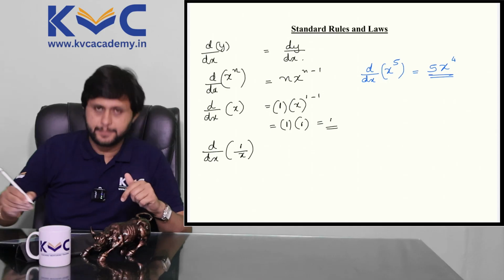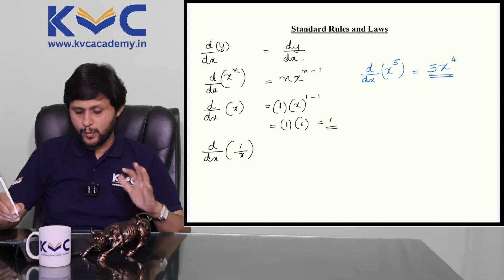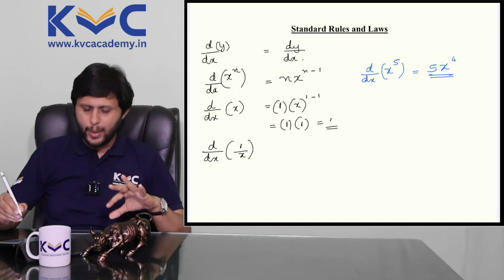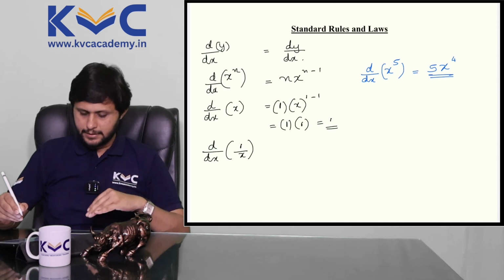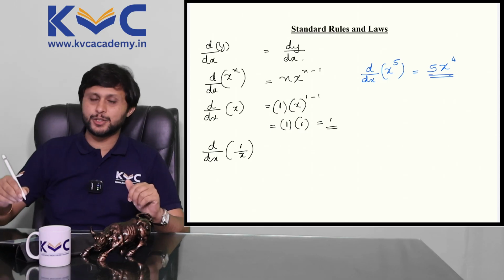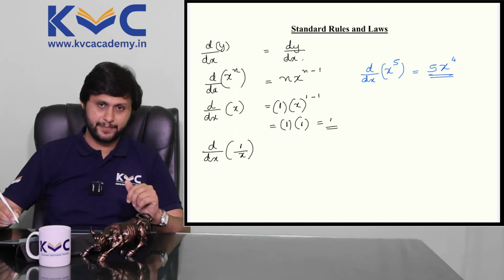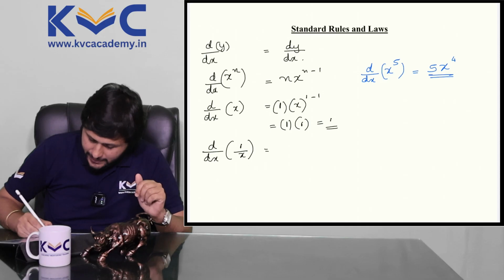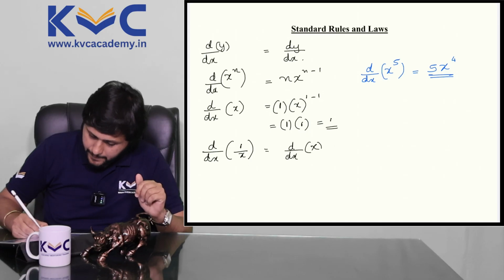1 by x. Differentiation of 1 by x. Now this also is actually the extended version of x to the power n only, because it is x to the power minus 1. Correct? So this will be equal to differentiation of x to the power minus 1. Okay.